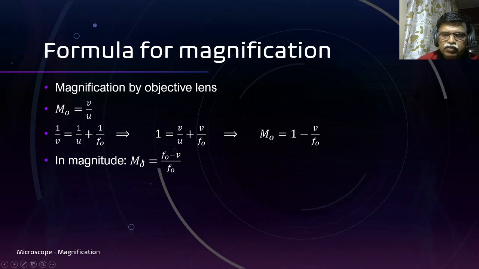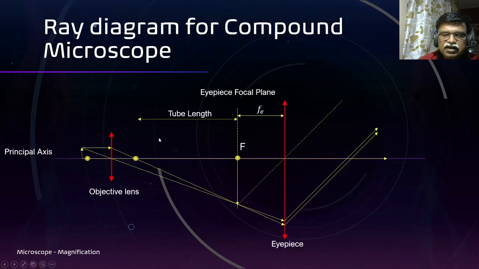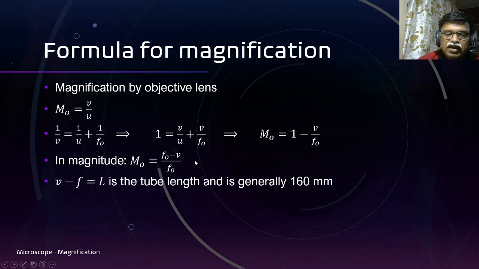In magnitude, then it is going to be (f_objective − v) divided by f_objective, and we have already seen here that this distance, okay, the image distance minus f_objective is the tube length. So considering this, we can write that f_objective − v in magnitude is the tube length.